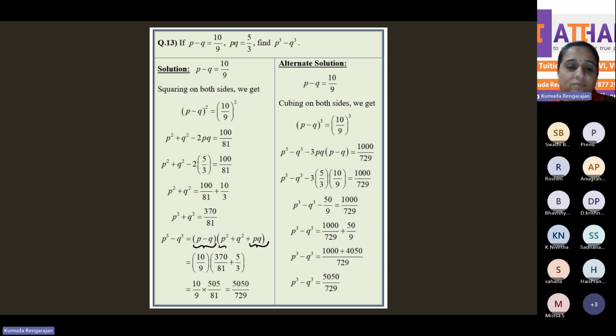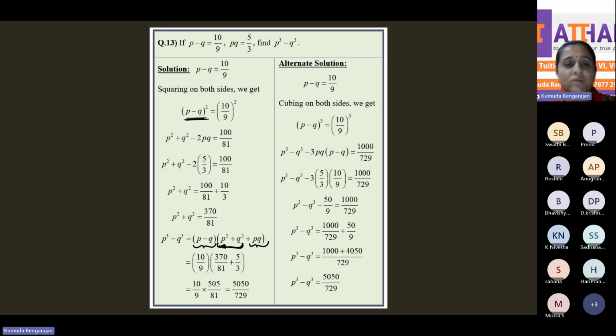You need the value of p squared plus q squared. No, that we don't have. So we need to find that. In order to find the value of p squared plus q squared, we write out this equation, p minus q is equal to 10 by 9, and square it on both the sides. So you get p minus q the whole square is equal to 10 by 9 the whole square.